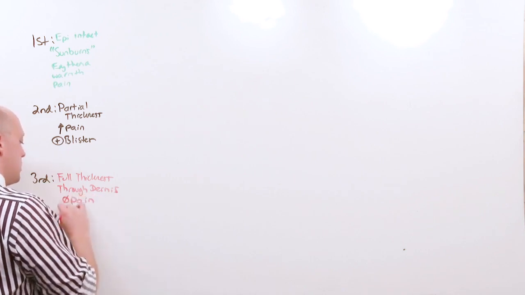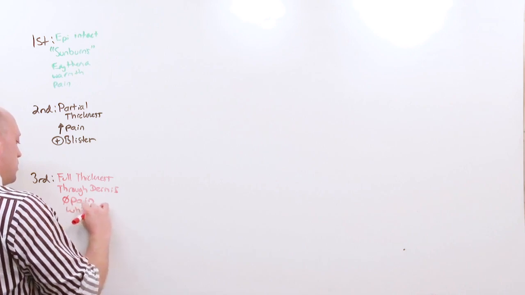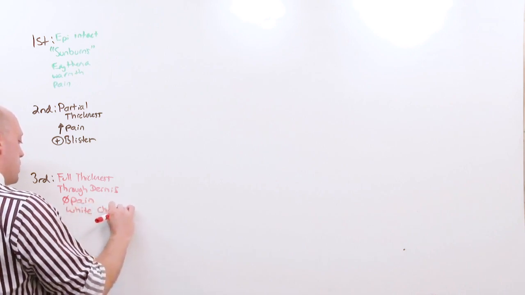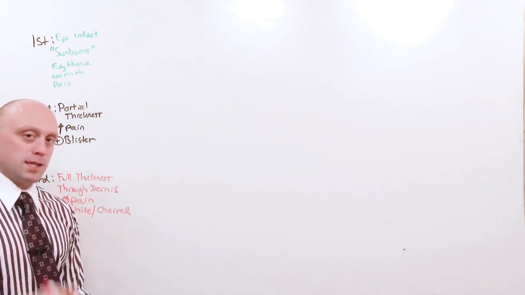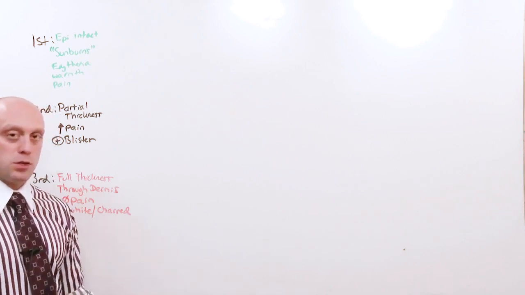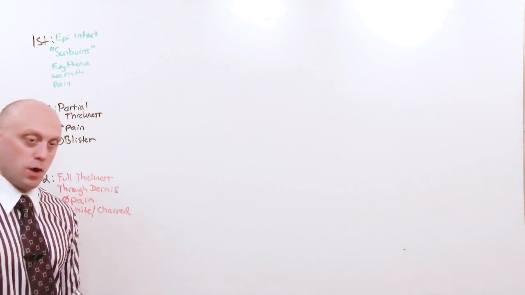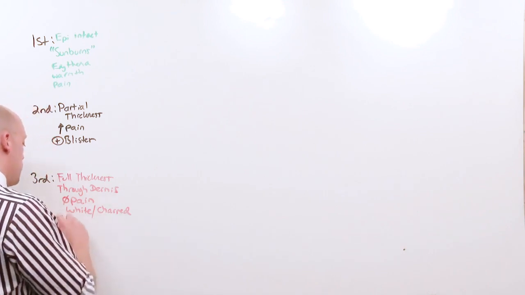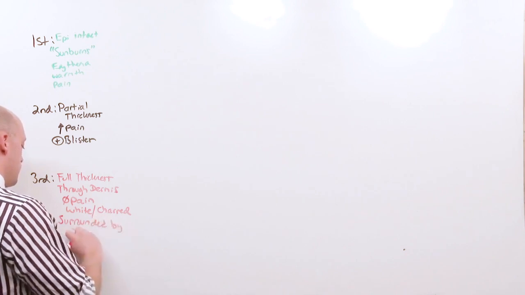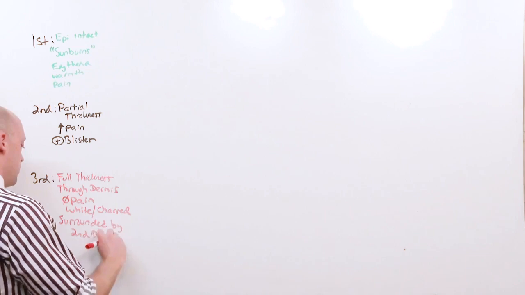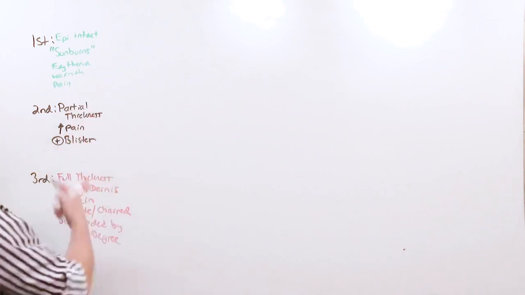And what you get instead is a white, charred region of flesh. But because the burn was so bad at that point, the surrounding tissue is going to be affected in some way. So this is always surrounded by second degree. First, second, and third degree burns.